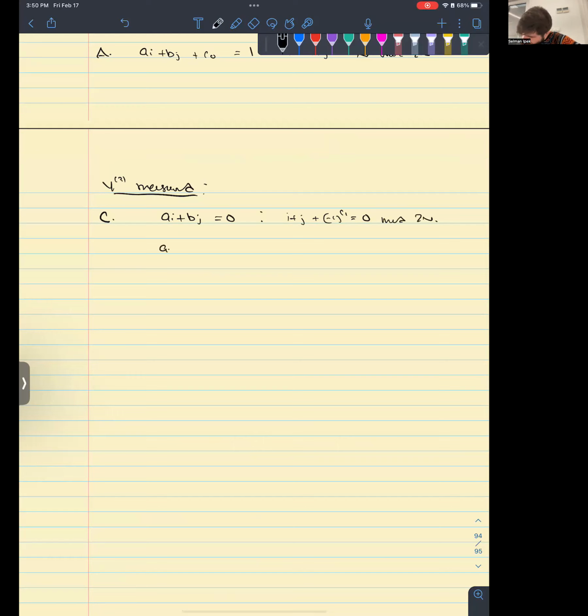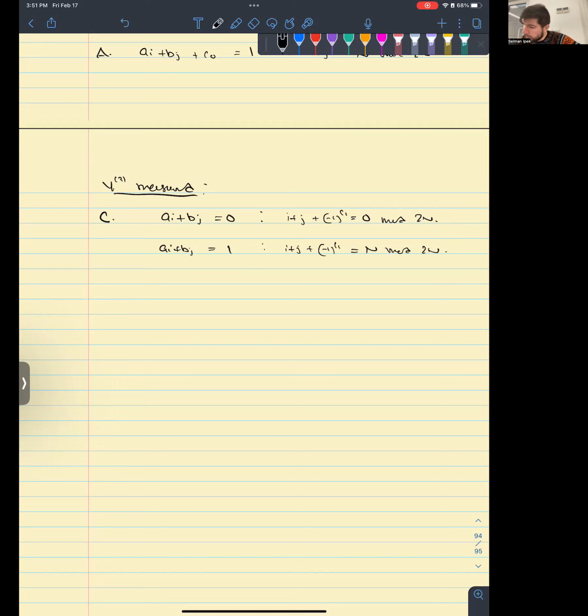And instead AI plus BJ equals 1 for the other case. So the second pair, it's not immediately obvious how to get these relationships, but I will skip the proof. If you guys want me to go through it, that's fine. But just for the sake of time, let's skip this part.